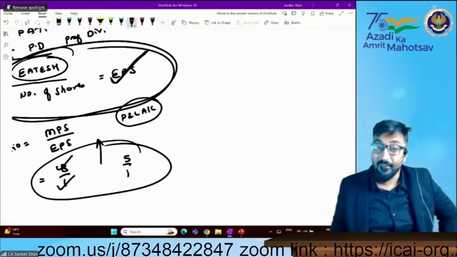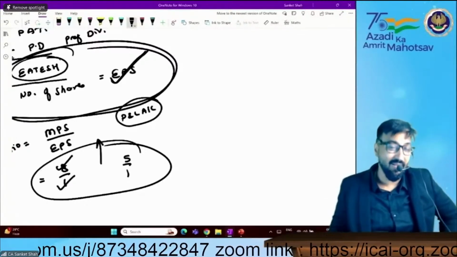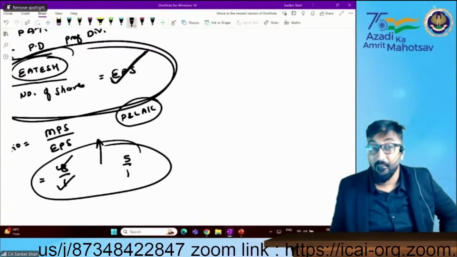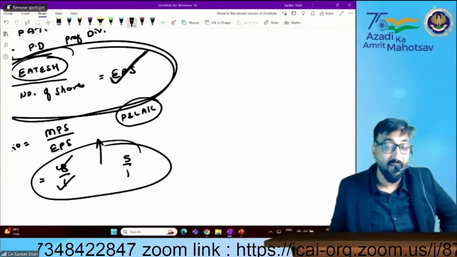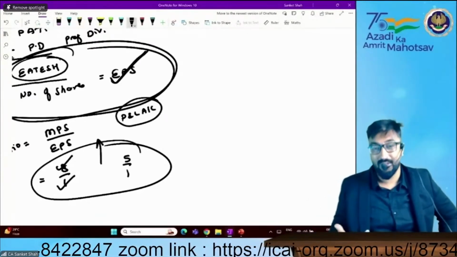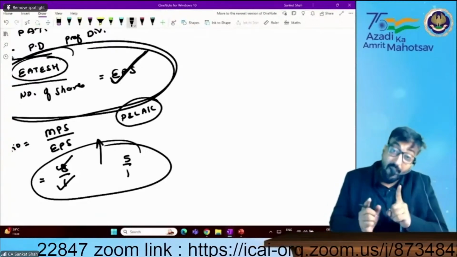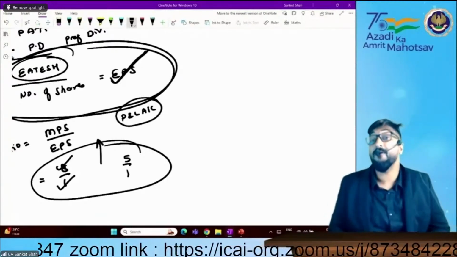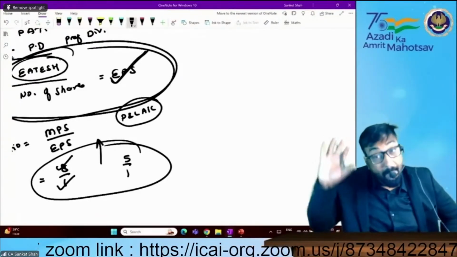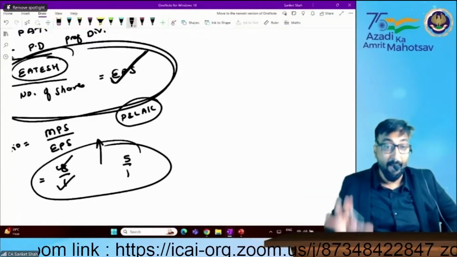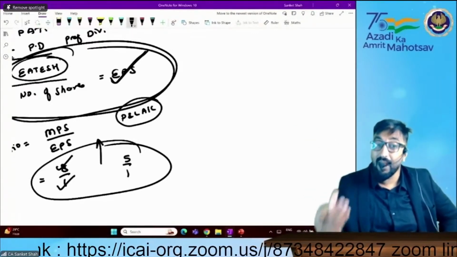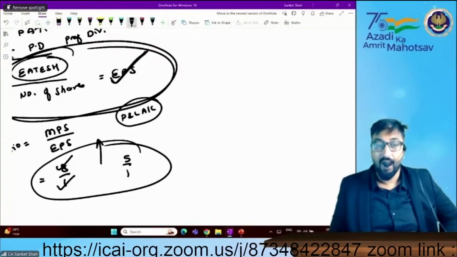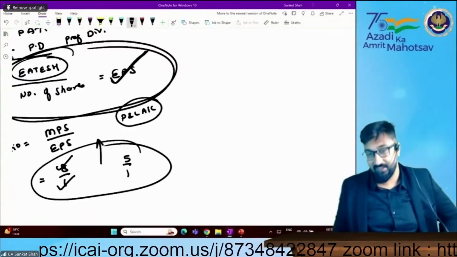In accounts, our readers are our shareholders, and to them we are disclosing this EPS. We disclose our EPS to whom? To shareholders. In FM, whom do we talk to? Our financial manager. He plans the capital structure. So forecasting is in FM. Very good, Anirudh. And history is in accounts.